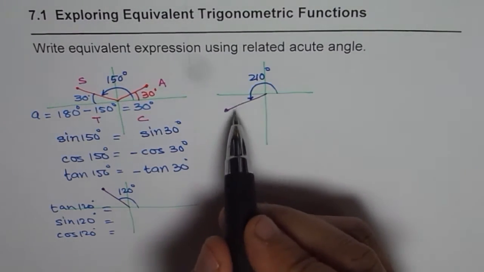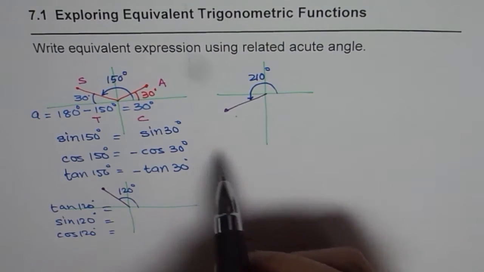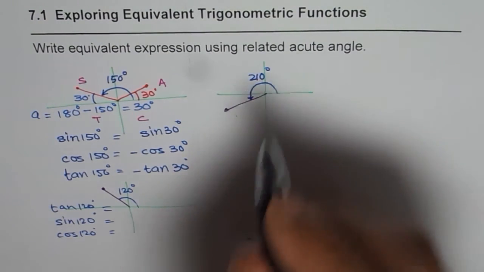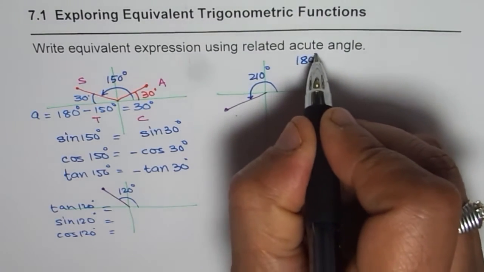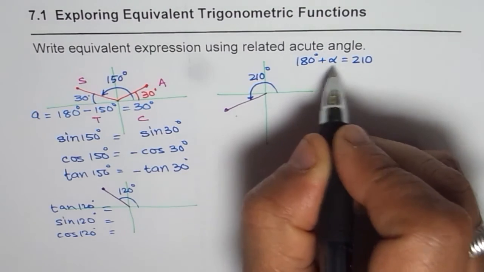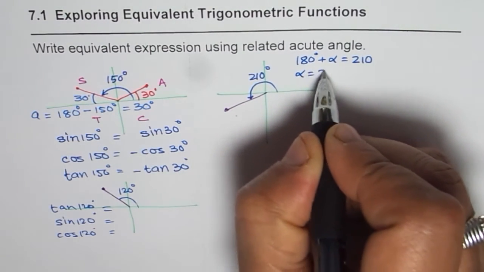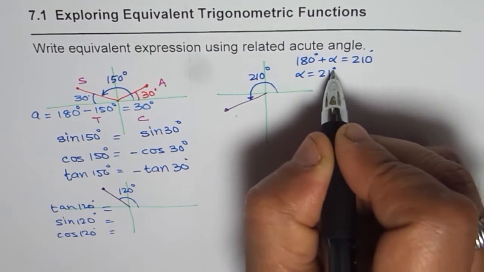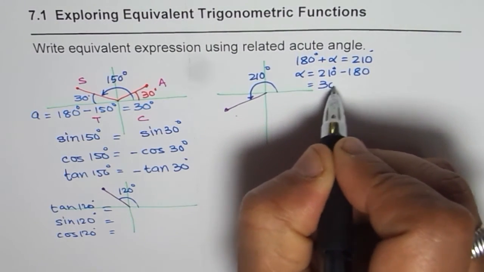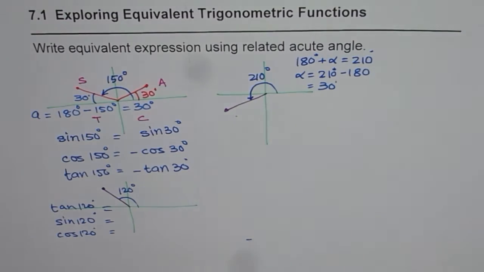In that case, what is the related acute angle? To find this angle, we know it is more than 180 degrees. So we could do 180 degrees plus alpha equals 210, and from there, we can calculate alpha equals 210 degrees minus 180, which is 30 degrees. So that is one way of calculating.